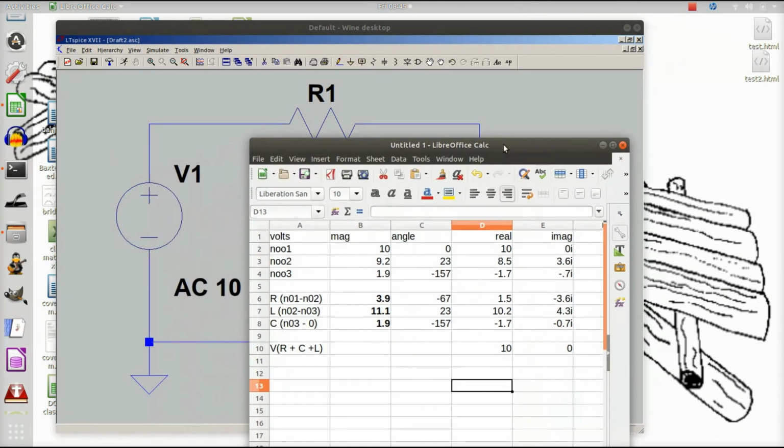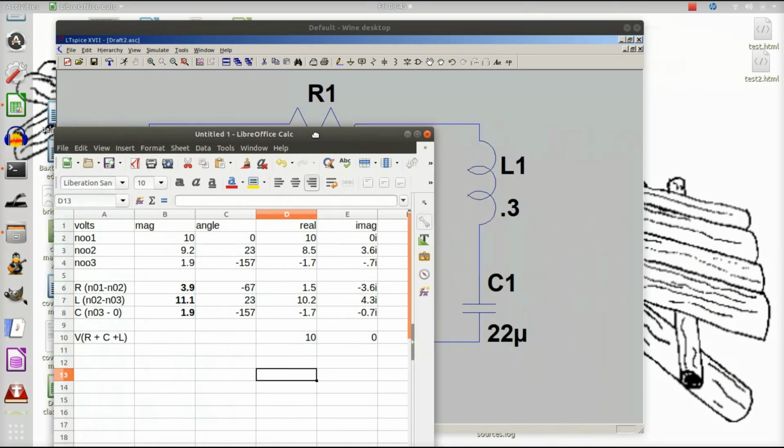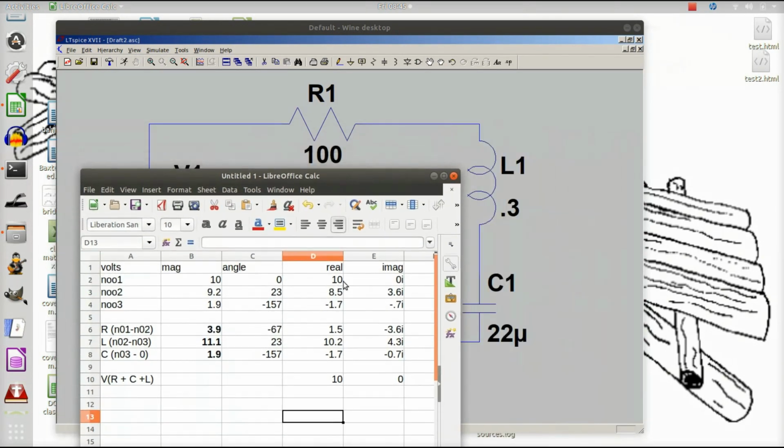And what you notice is I have a 10 volt source sourcing it. So my individual measurements, if you were to add them up, do not add up to 10. But if you add them up in the rectangular, you will see that they do come out to be exactly 10.